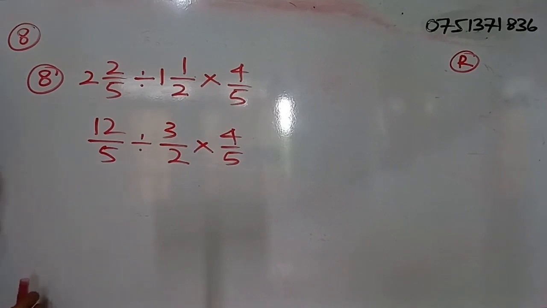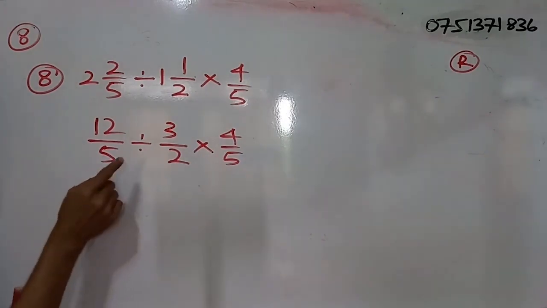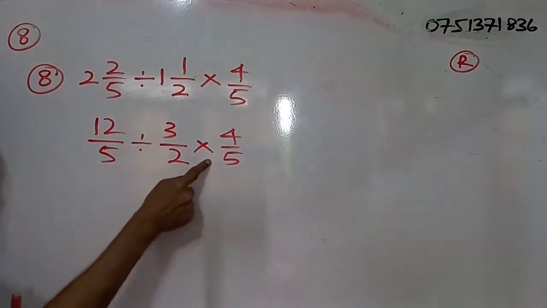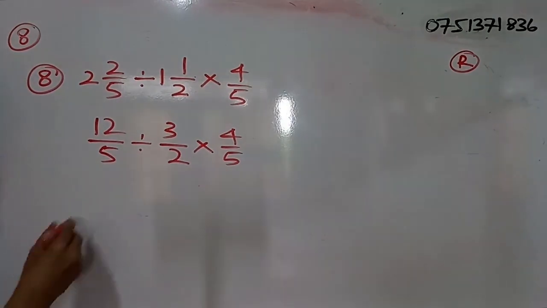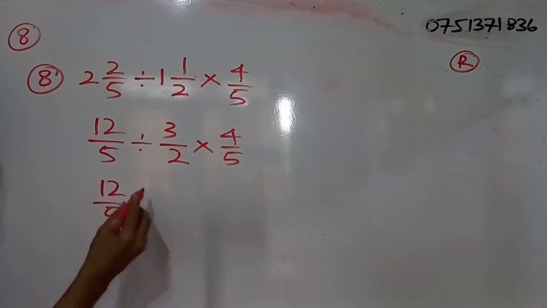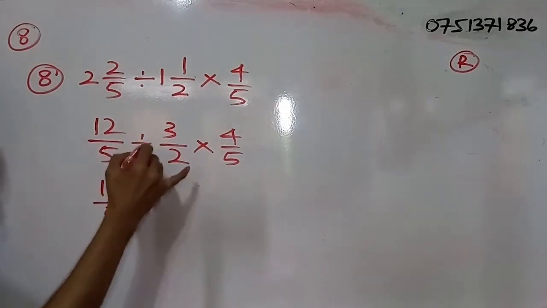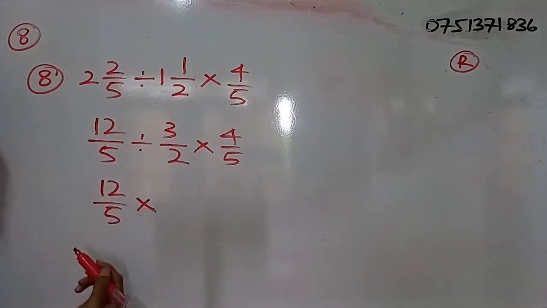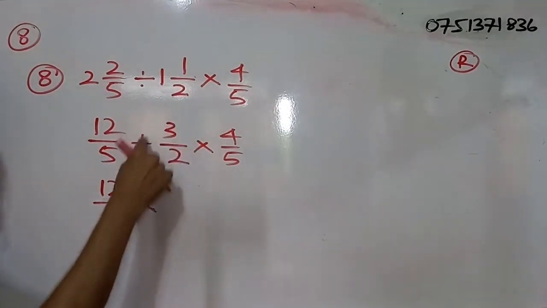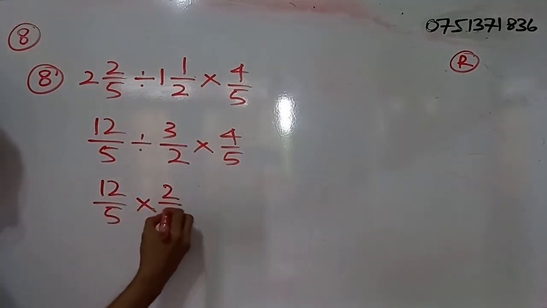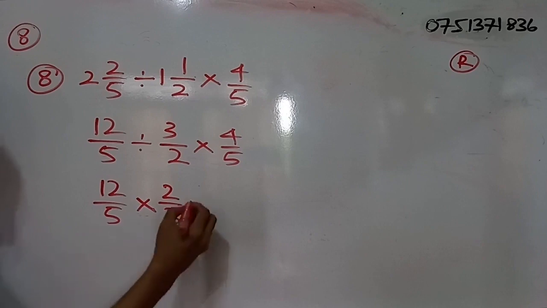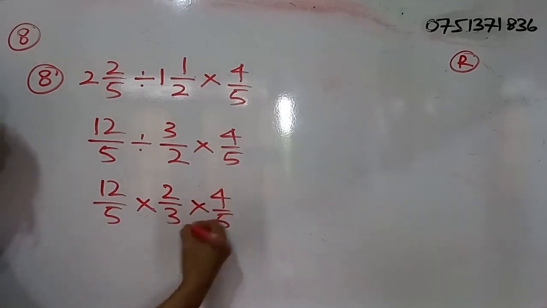Right, now we have to follow the BODMAS rule. So we have to simplify first the division, then we have to move to the multiplication part. So 12 by 5, I will replace the division with a multiplication symbol, then we have to write the reciprocal of 3 by 2, so it will be 2 by 3, then here also 4 by 5.